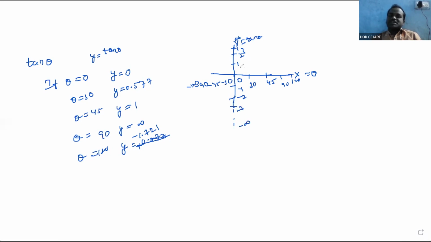So 0 gives 0 only. Okay. And tan 30 is 0.5 something, which means we take it in the middle of 1. Okay, మీకు రఫ్ గా డ్రా చేస్తున్నాను, ఎగ్జాక్ట్ గా చెప్పట్లేదు. 45 is a 1. Okay, 90 is infinity, so this is infinity.